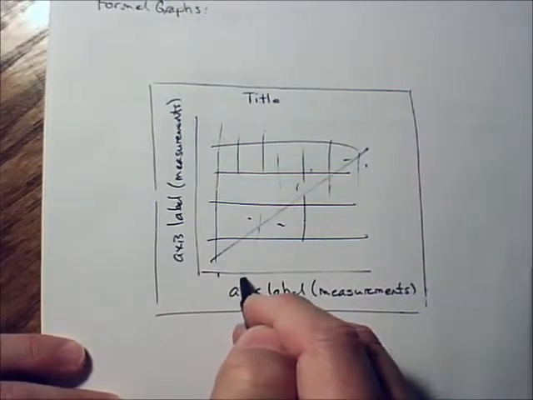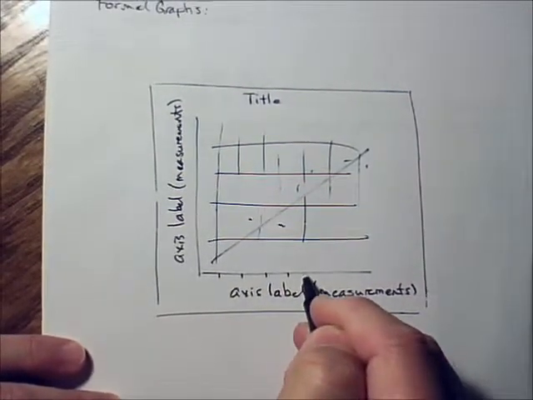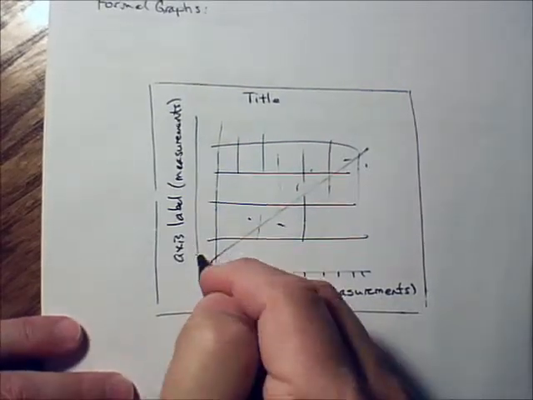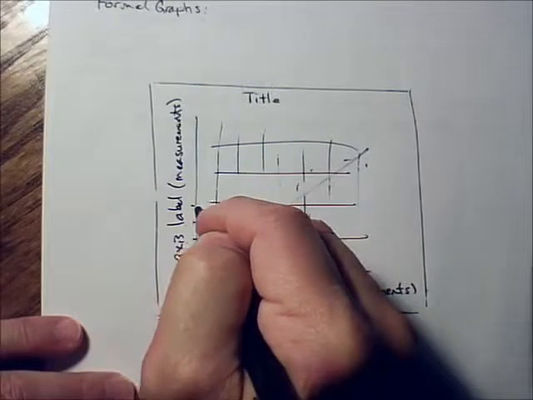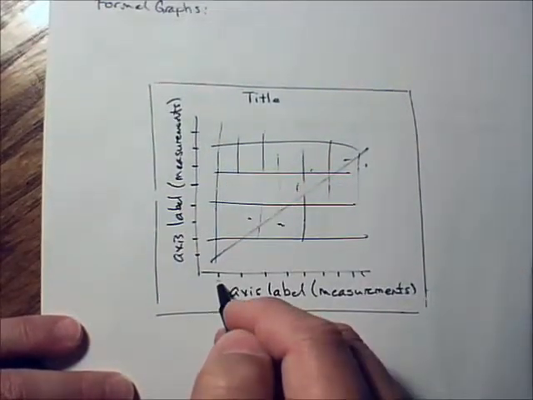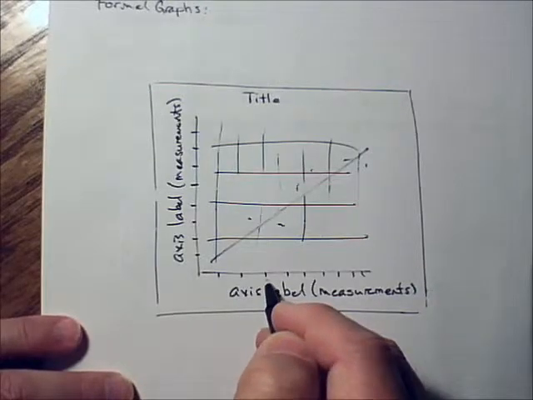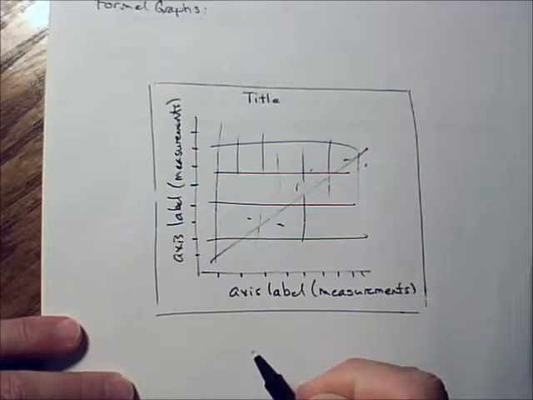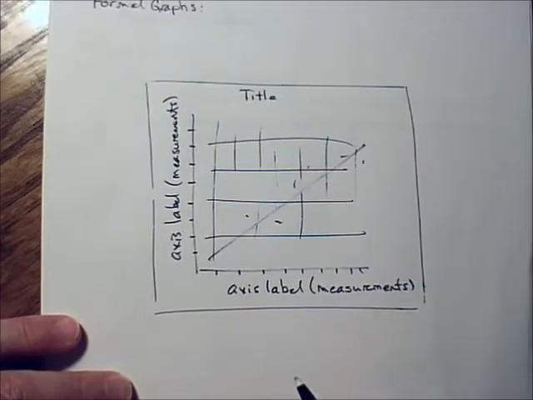Now, the axes must be numerically labeled. Okay, the axes must be numerically labeled. So there'll be these little tick marks along the edge somewhere, and this might say 5, and this will say 10, and 15, and 20, and 25, or whatever. Equally spaced, labeled number lines.